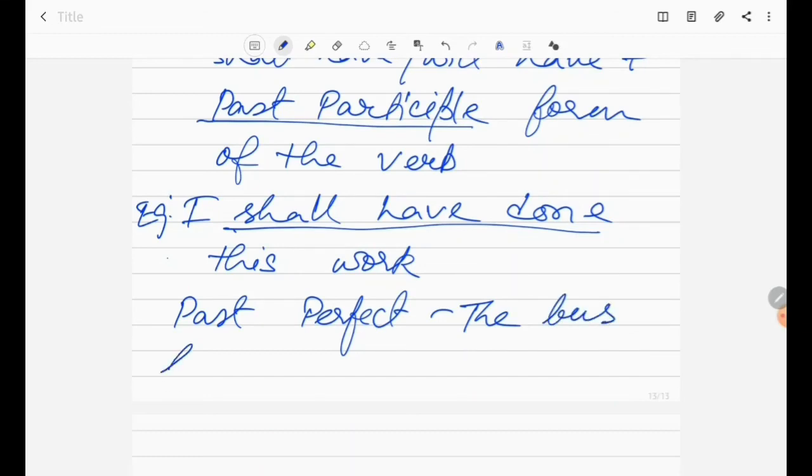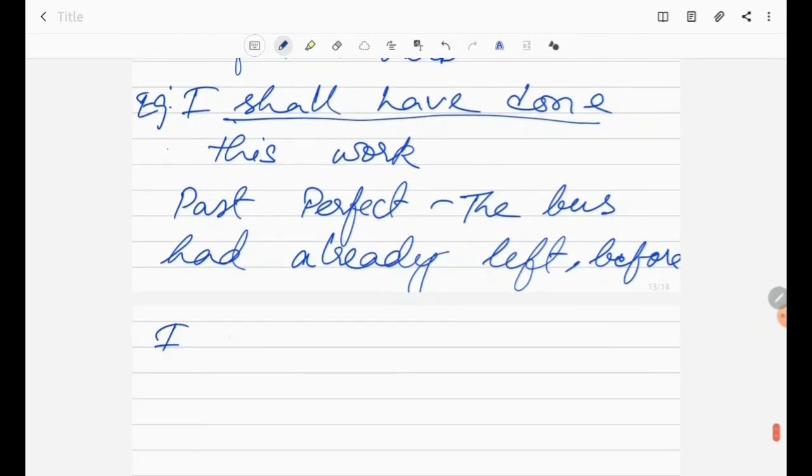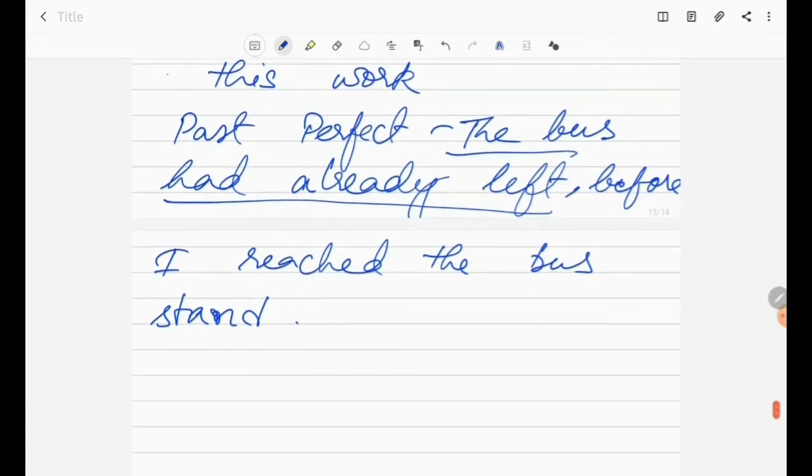The bus had already left before I reached the bus stand. So what is the action which has happened before another action? The bus had already left. So this is the past perfect.